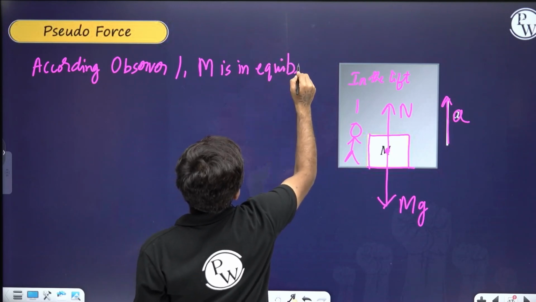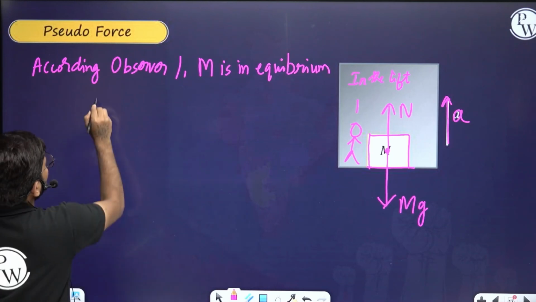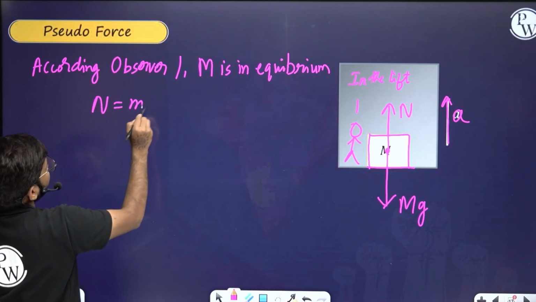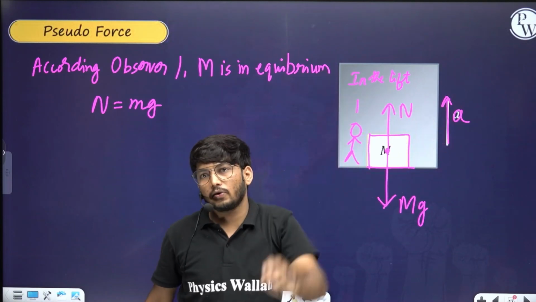So he says that N is equal to mg. Total forces on the body are balanced, so N is equal to mg.